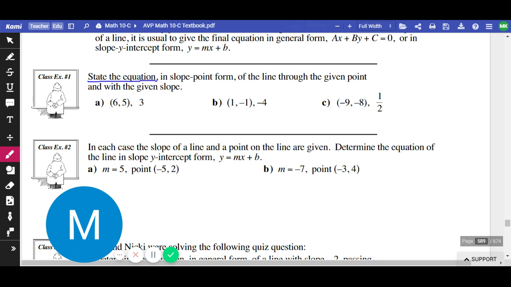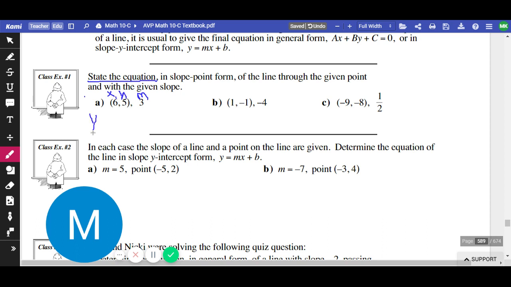When you look at our info right now, we have a random point, 6, 5. That's completely random to us. And a slope value. This would be the perfect example to do slope point, where this is x1, this is y1, and this is m. We can then go to our slope point formula and just plug in those values.